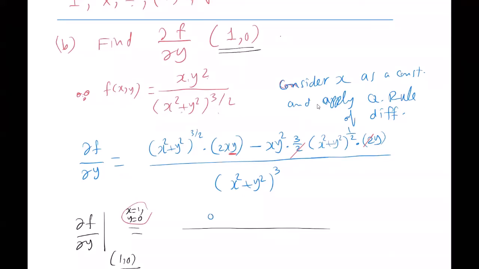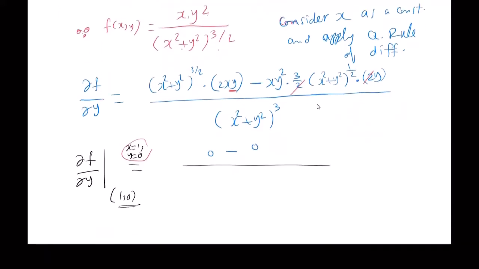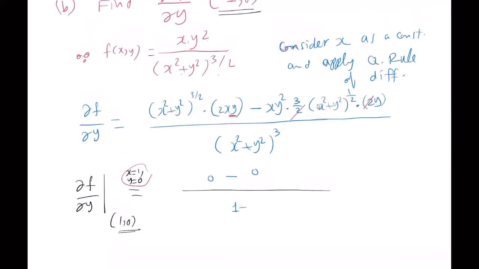Here as well, y is 0, so this is 0 as well. The denominator will be (1 plus 0) to the power 3. So we have 0 in the numerator over 1, which is 0. We don't need to simplify this because he asks about a specific value. We found it directly. These are the questions I got from your colleagues.